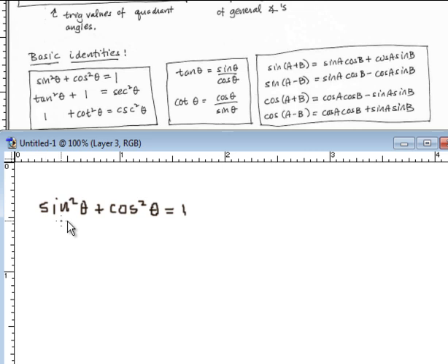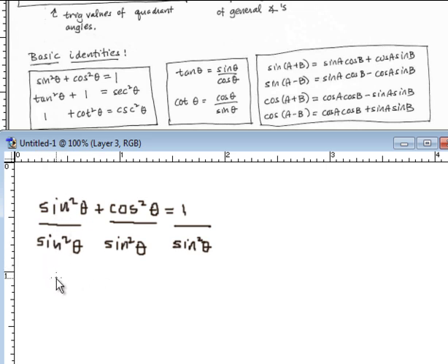Let's divide by sine squared theta. Divide both sides, and we'll get another identity. And these identities are useful. You use them a lot in calculus and other places as well.